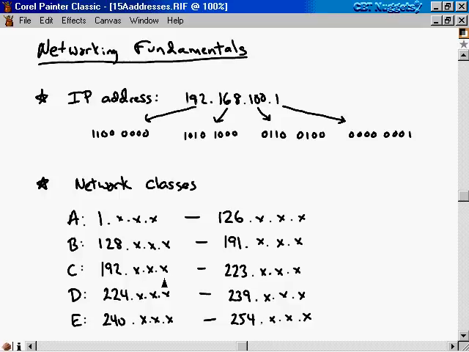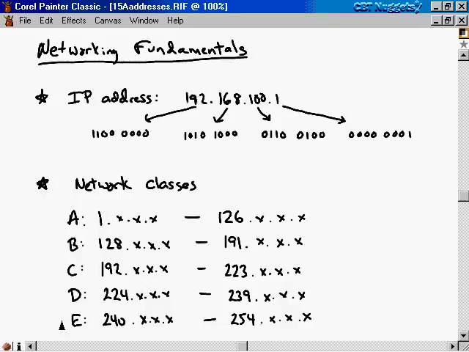Class C networks are even more numerous. There are 2 million and some Class C networks, and each Class C network can only have 254 hosts inside of it.